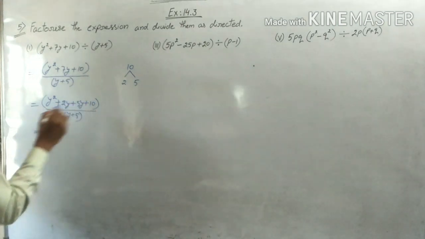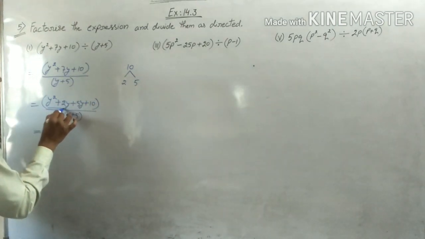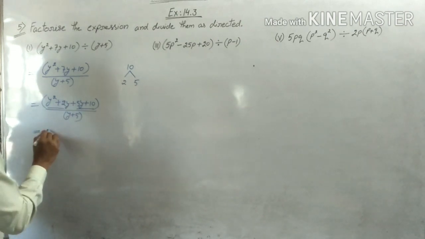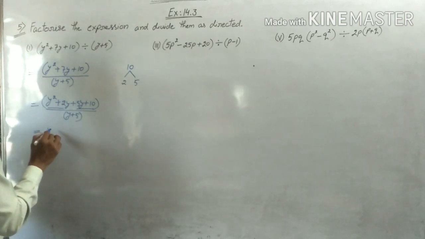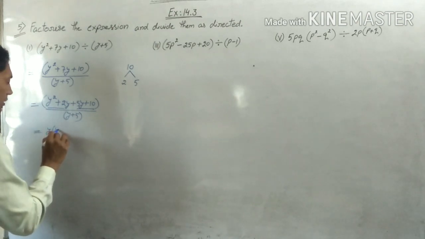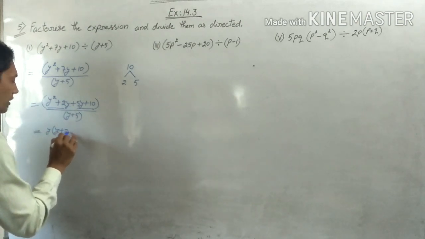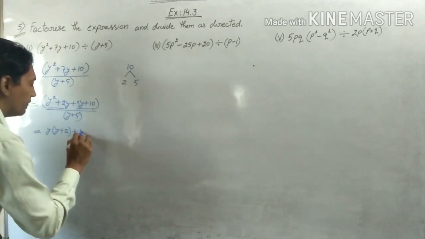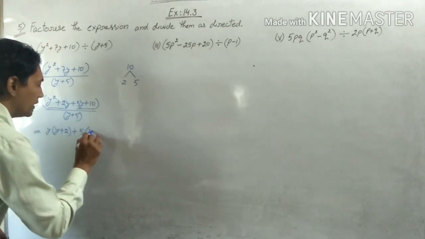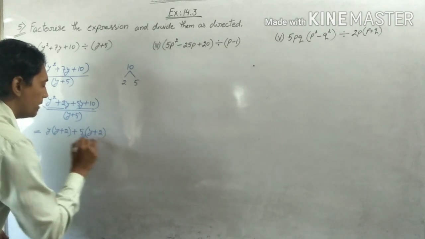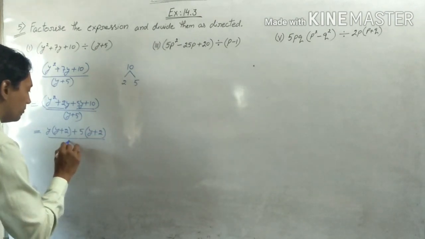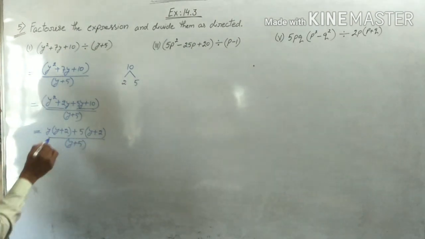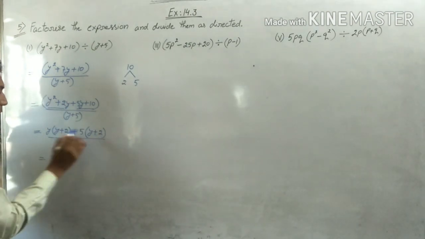Next, we can arrange two terms in a group. These two terms and these two terms we will take common. y is common in the first two terms, so we take y as common and you get y plus 2 in the bracket. Next, we take 5 as common and the rest of the thing, that is y plus 2 in the bracket, whole thing divided by y plus 5. In the next step, you see y plus 2 is coming in both the terms.